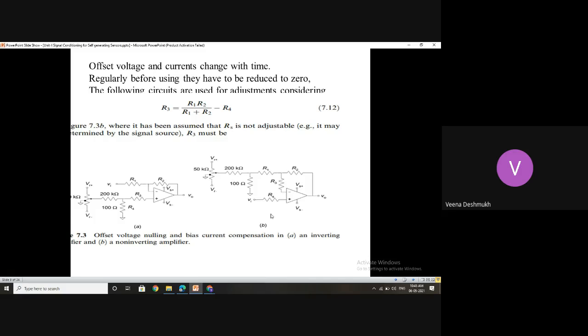This makes a lot of difference to your beta factor also. The beta factor is equal to this resistance divided by R1 plus R2. That is, R1 dash, or Rs plus R1, divided by R1 plus R2 gives me the feedback factor, which is always less than 1.